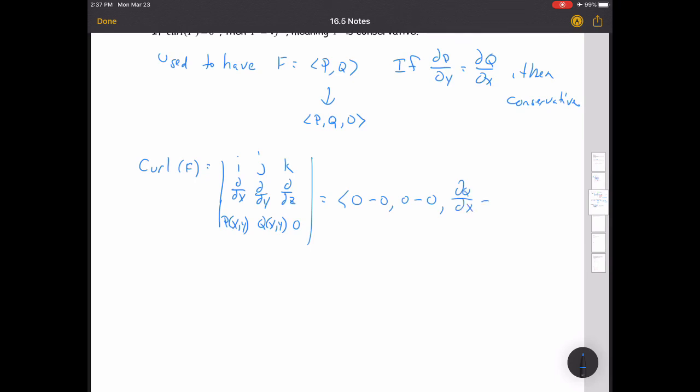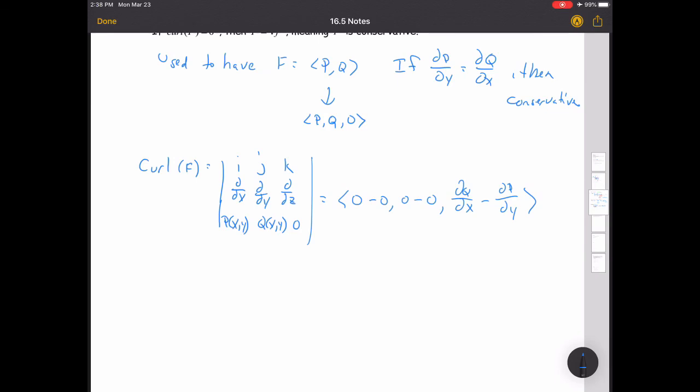Minus, then if you eliminate the k row and column, it's minus the derivative with respect to y of P of xy, well, that's just dP dy. And remember, the idea was that if dQ dx equals dP dy, then you have a conservative function.